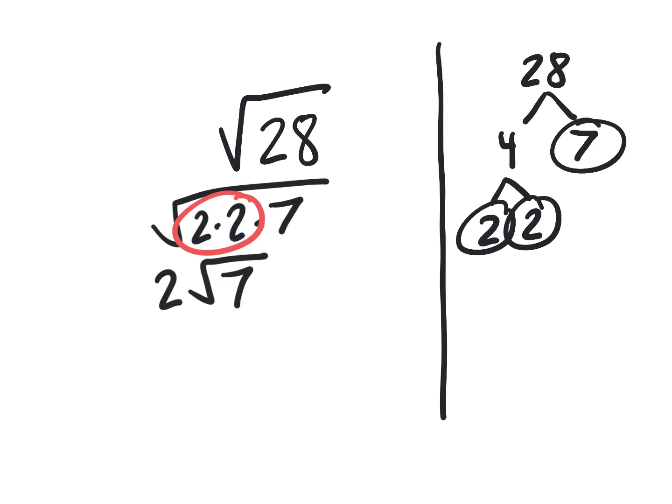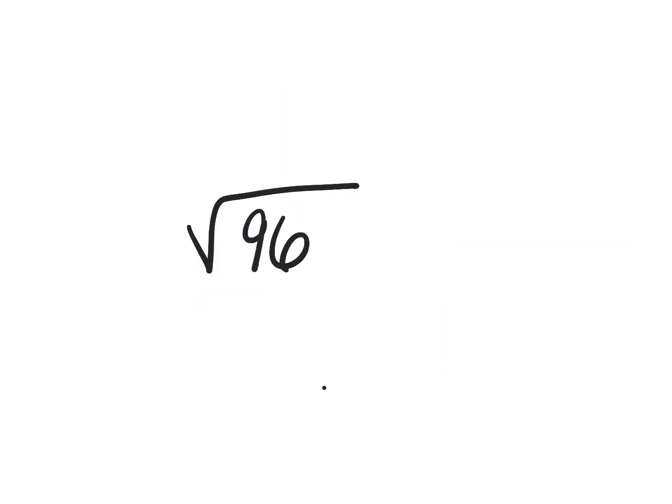And let's look at 96. So 96, we have our factor tree, and whatever you think of first, it doesn't matter. Everyone can have a different approach.